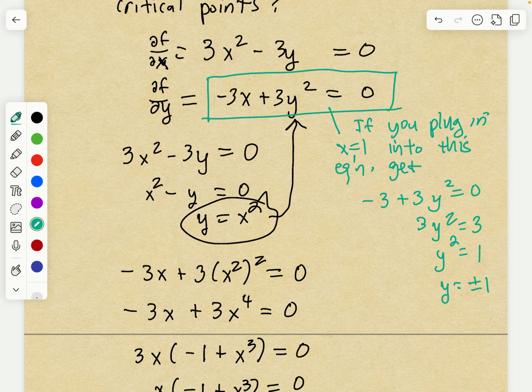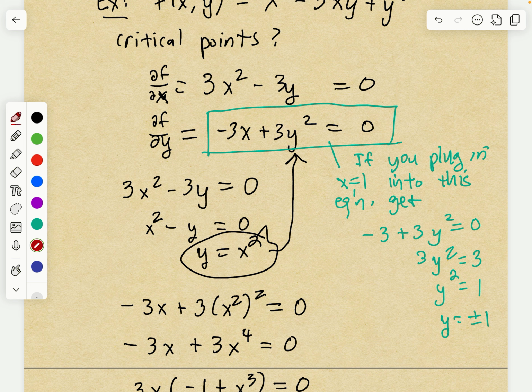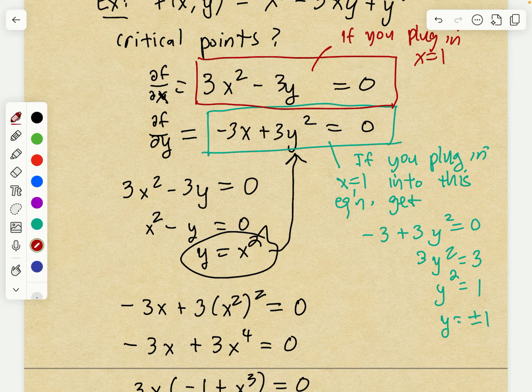The issue is that both of these equations have to be satisfied, not just the first equation, and not just the second equation. If you plug x equal to 1 into this equation, you're going to get 3 minus 3y is equal to 0, and then when you solve for y, you get y equals 1.